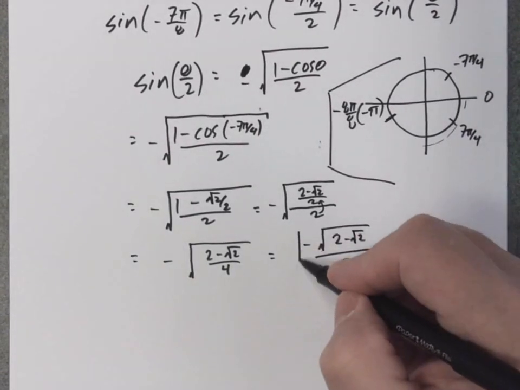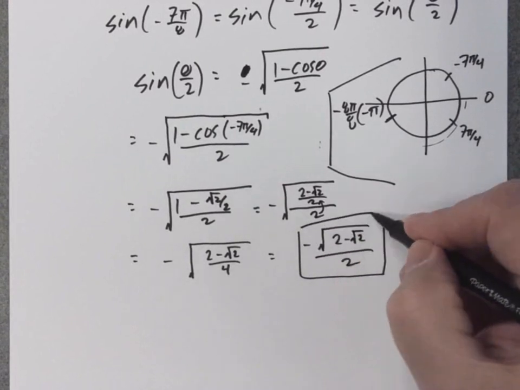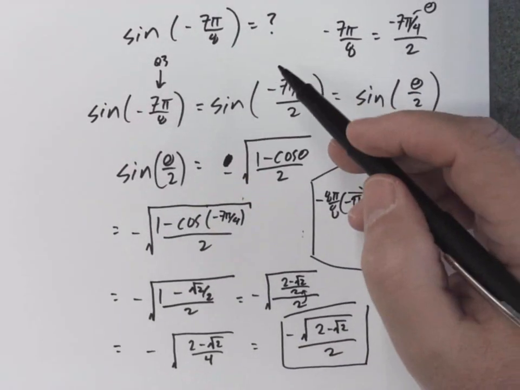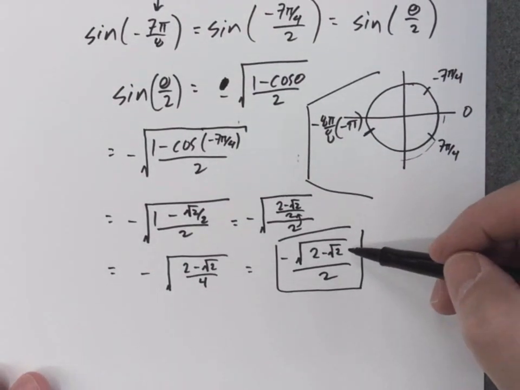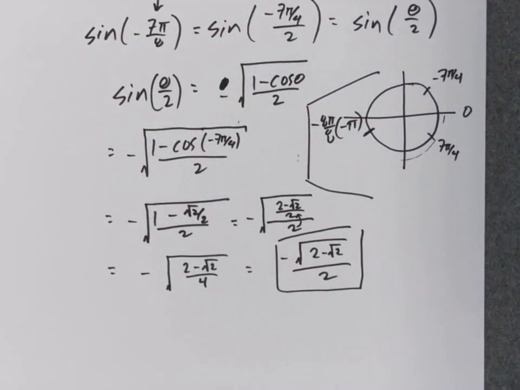Once again, it looks pretty messy, but that's actually the exact value of the sine of negative 7 pi over 8. All right, so that's one of the things we use half-angle formulas for to solve problems like this.